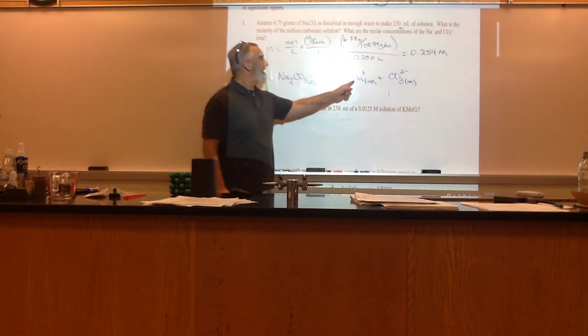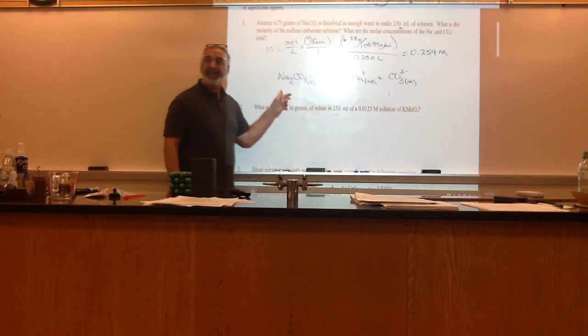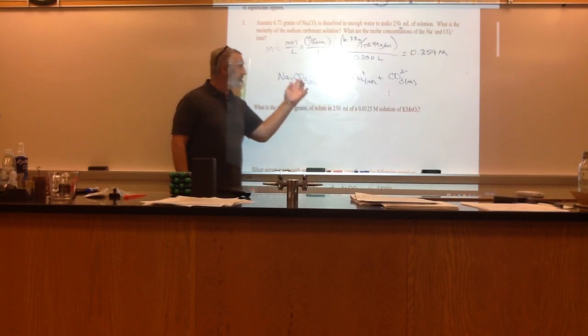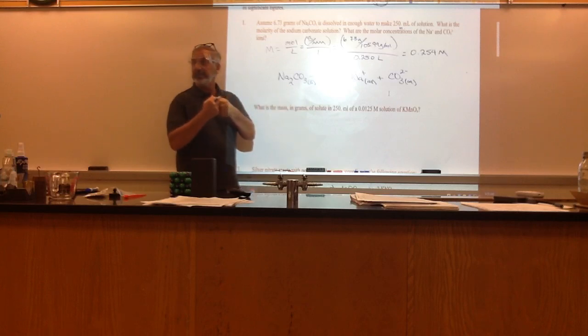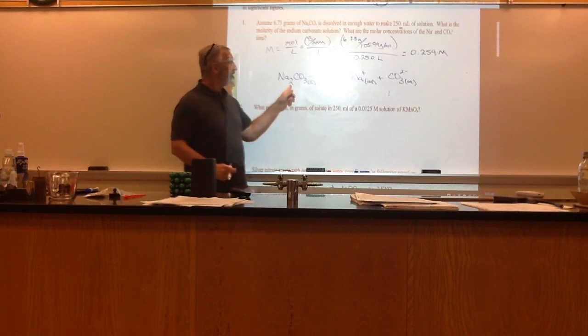Because it's not going to be Na subscript 2, because the ions that form are Na plus ions. Ionic compounds, metal and a non-metal, this is a polyatomic ion. An ionic compound is composed of ions, so it's going to break up into the ions. Na2 is not an ion. It's the Na plus, and 2 positive things are not going to bond together. So it's going to be 2 Na pluses.